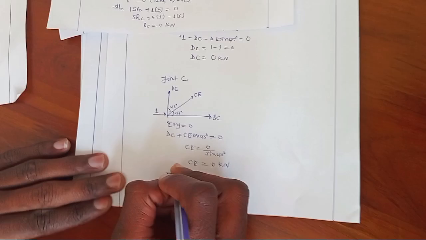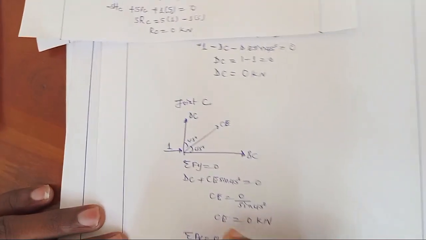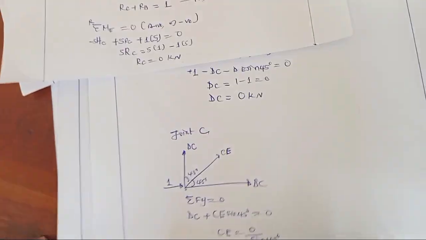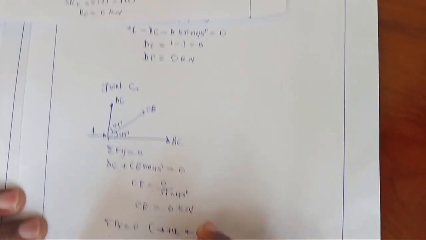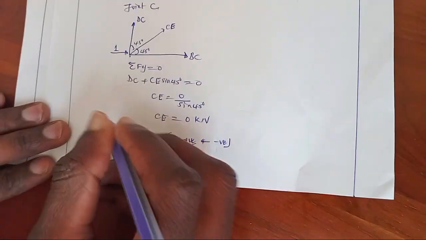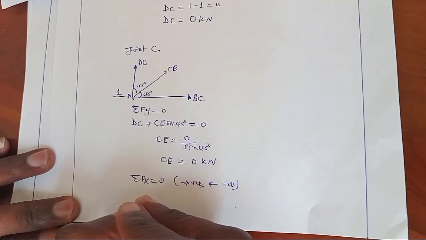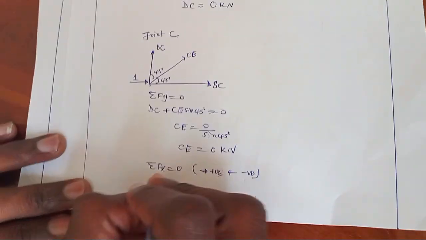To obtain BC, take summation of horizontal force is equal to 0. Positive this way and this way negative. So 1 plus BC plus CE.